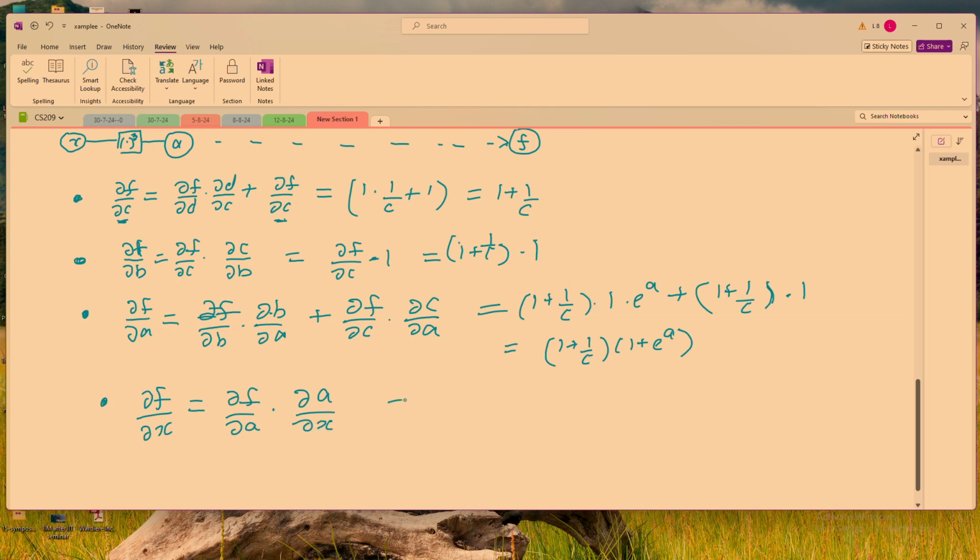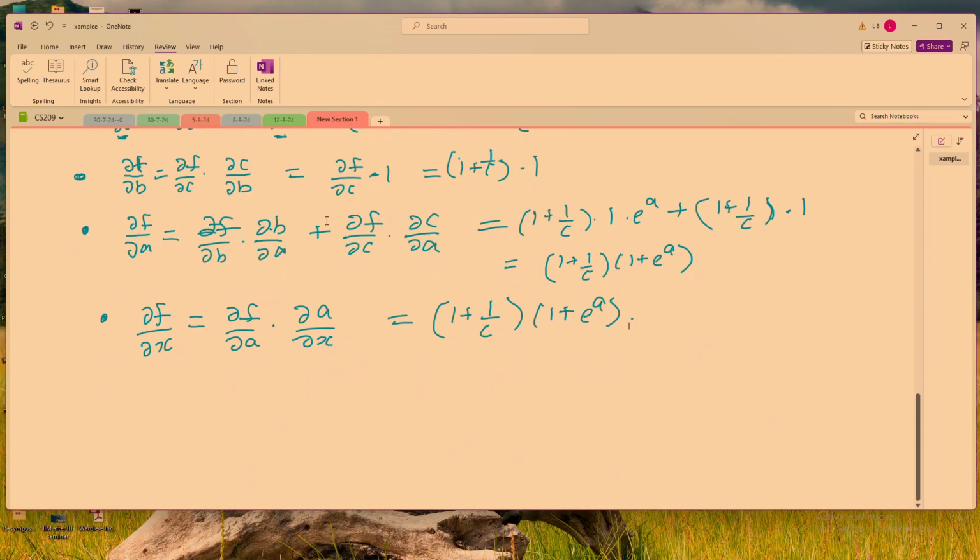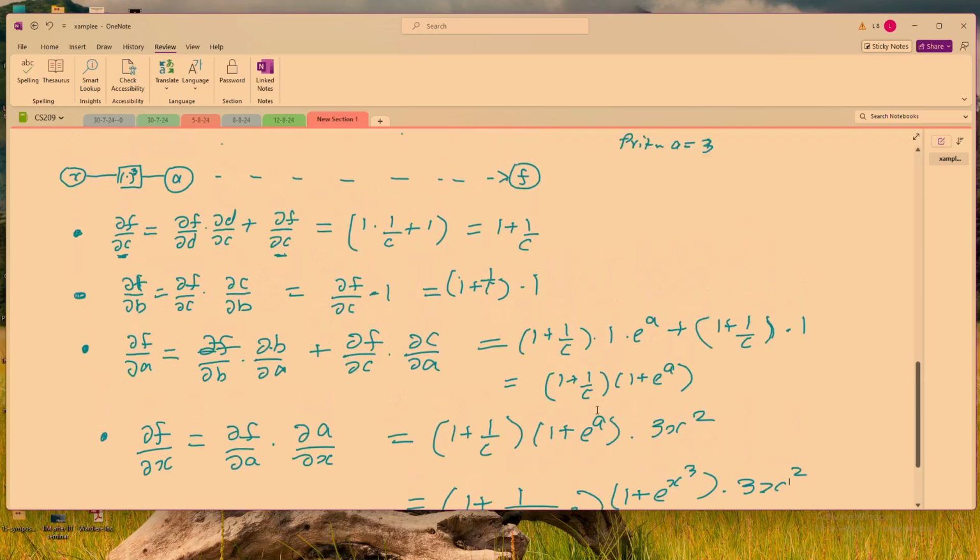Correct? df over da already we know, 1 plus 1 over c, 1 plus e to the a, da over dx is 3x square. Now you substitute the values, 1 plus 1 over x cube plus e to the x cube times 1 plus e to the x cube times 3x square. So this is your final answer, which is exactly what we saw earlier.